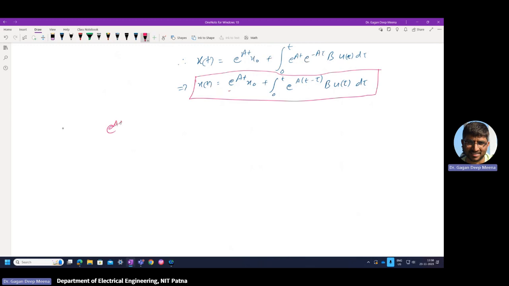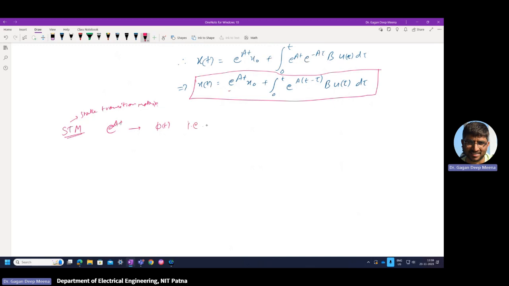This is known as the state transition matrix. Okay, so this e to the power At is denoted by the symbol phi of t. So the state transition matrix is denoted by this phi of t.